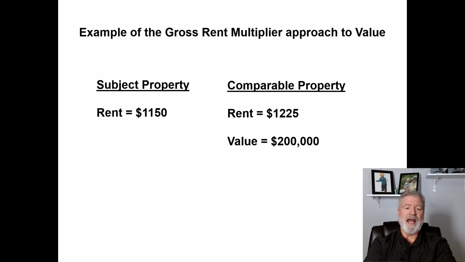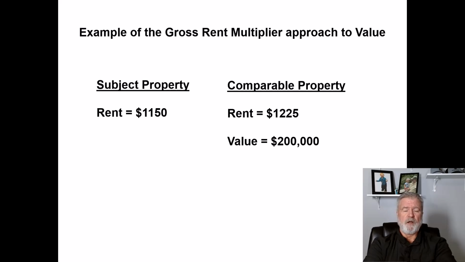We know that this comparable property rented for $1,225 a month, and we know it sold for $200,000. That's obviously whatever it sold for. That's the value.